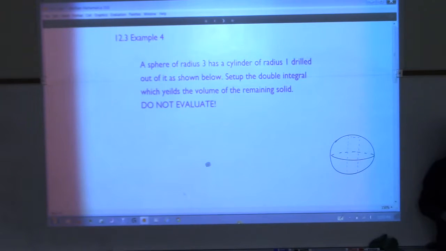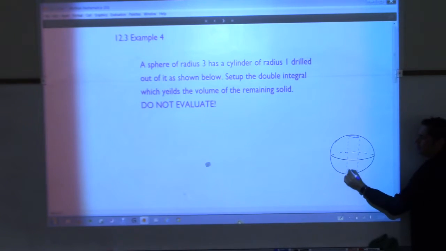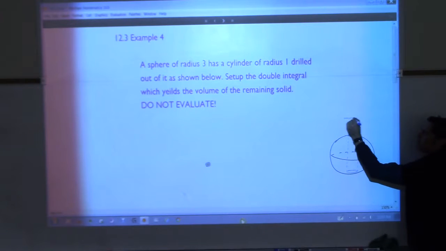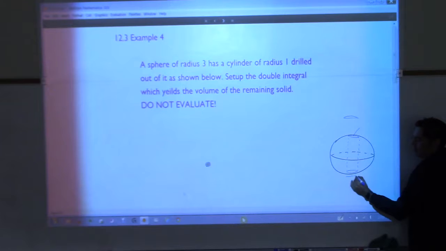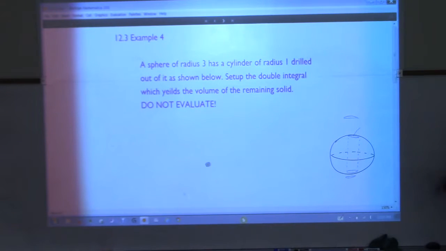It would be the same as 5B on the take home, except now we're including that very small region on top and bottom of the cylinder. Yeah, so you could find the volume of the cylinder, but then you would have this little cap piece on the top and a little cap piece on the bottom. They would have volume to it. I think that's what you're saying. We need to figure that out, right? Yeah? Maybe?